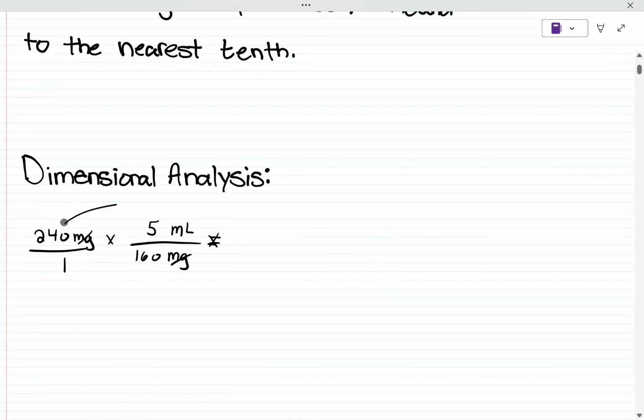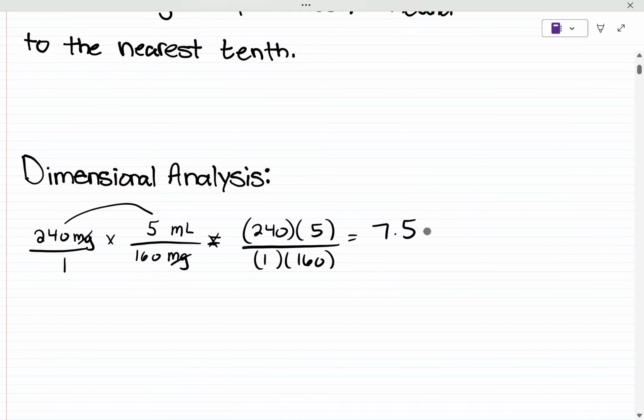You're multiplying fractions, so you multiply across: 240 times 5 on top, and 160 on the bottom. When you do the algebra, you get 7.5. It says round to the nearest ten, but it's exactly 7.5, so I don't have to round or look at the neighbor. This is my final answer.